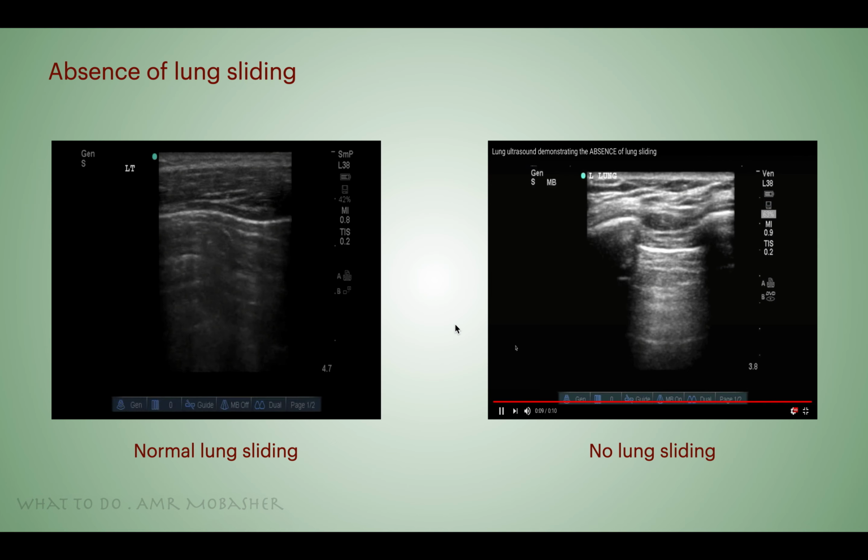So the lung movement, by the nature of the disease, is very limited, and there will be almost no lung sliding. So don't ever depend on absence of lung sliding alone to judge whether there is pneumothorax or not. We have to draw the whole picture through searching for the other signs.